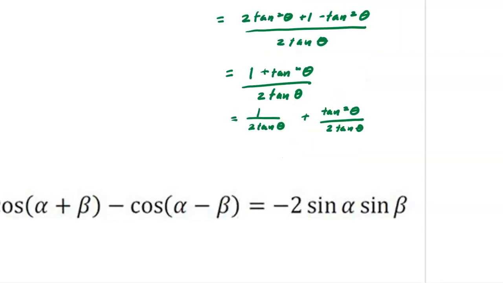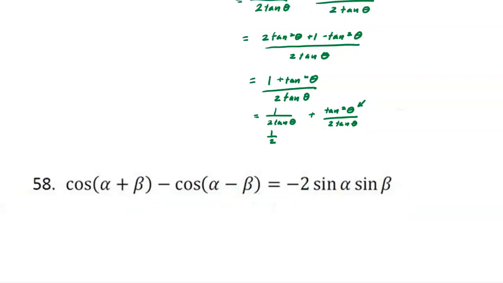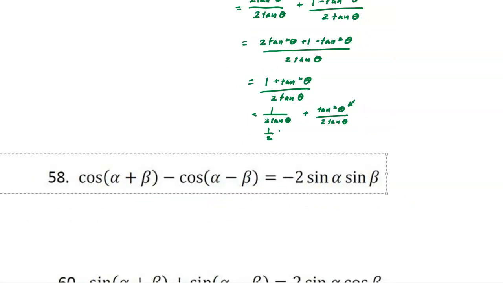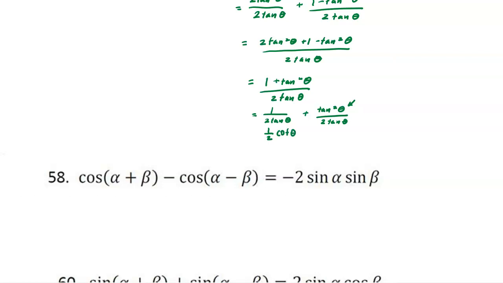I could further break this apart and write it as 1, so that's going to stay as is. Let's change that to 1/2 cotangent theta. And then I could just take out the tangent theta.